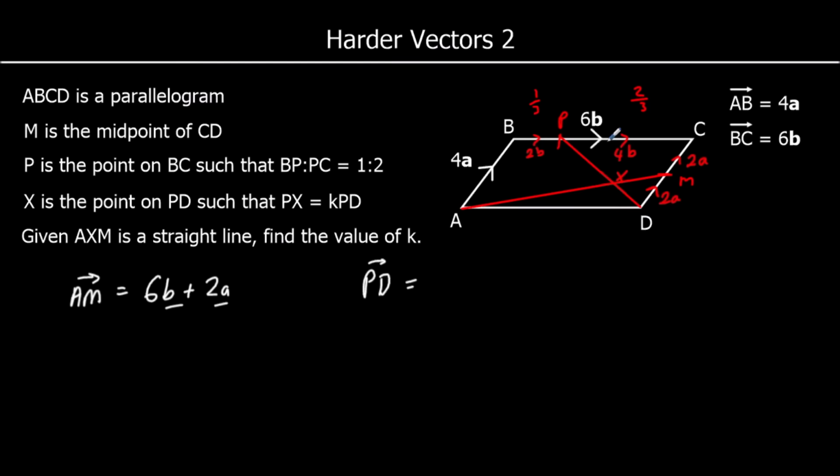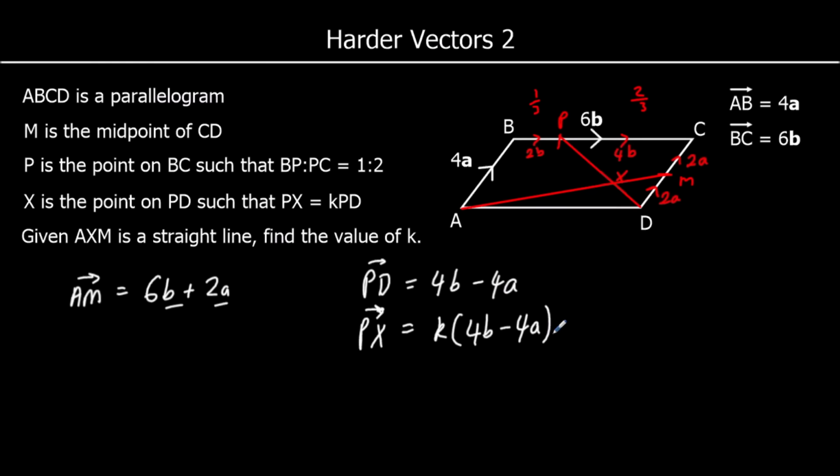So P to D is 4b's minus 4a's. So P to X is k times that, k times P to D. So k times 4b's minus 4a's.